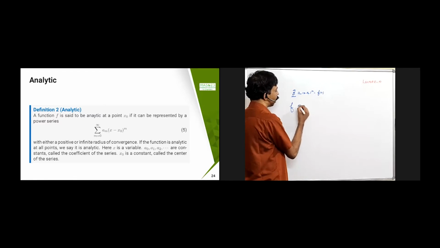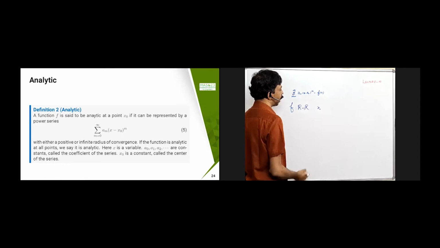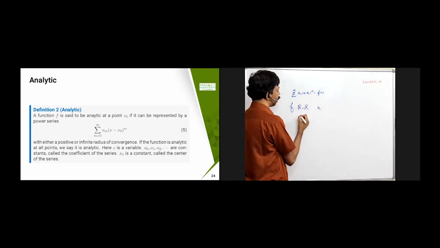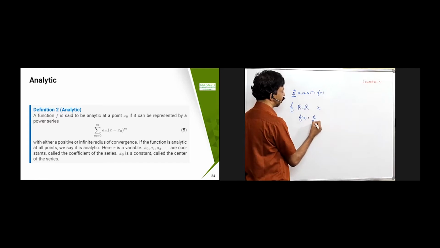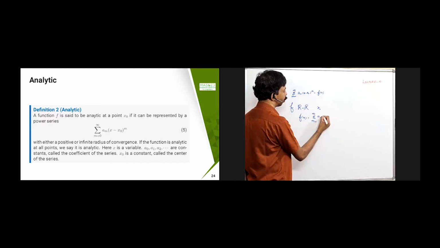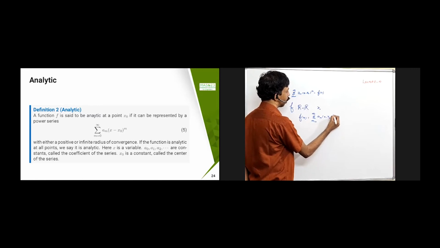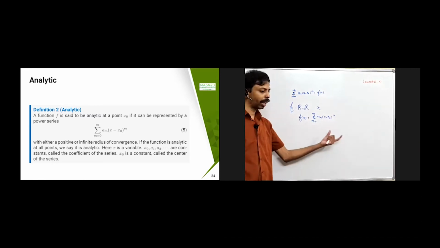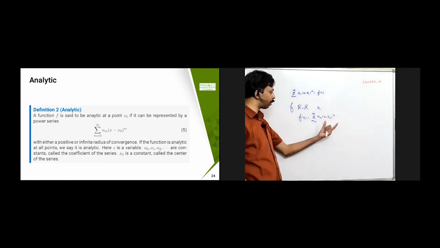We say that f is analytic at a point x naught if I can write f of x equal to summation m equal to 0 to infinity a_m into (x minus x naught) power m in a small interval of convergence, with a small positive radius of convergence where this is defined.